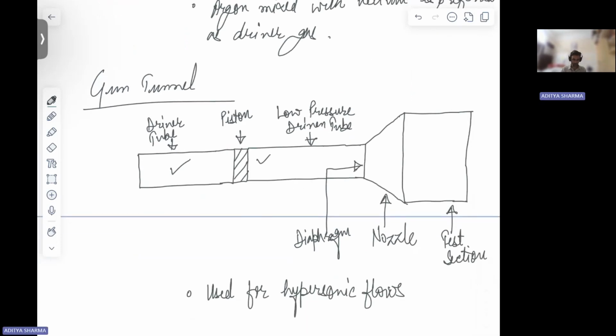Your driver tube is pressurized, moving your piston.